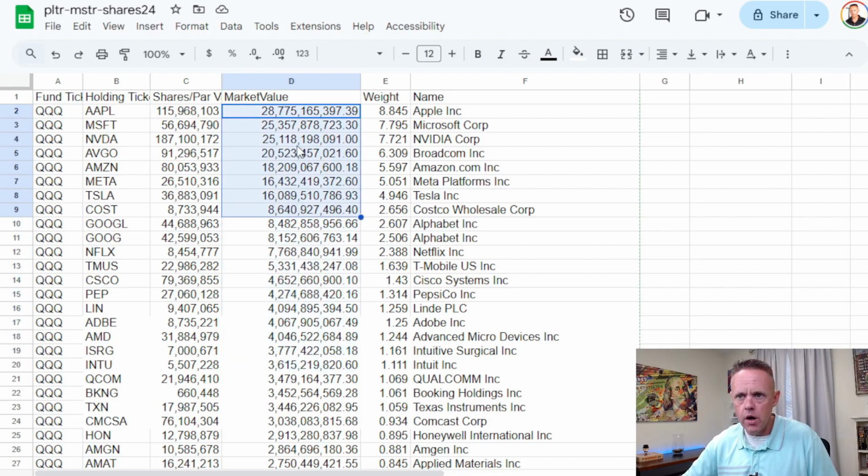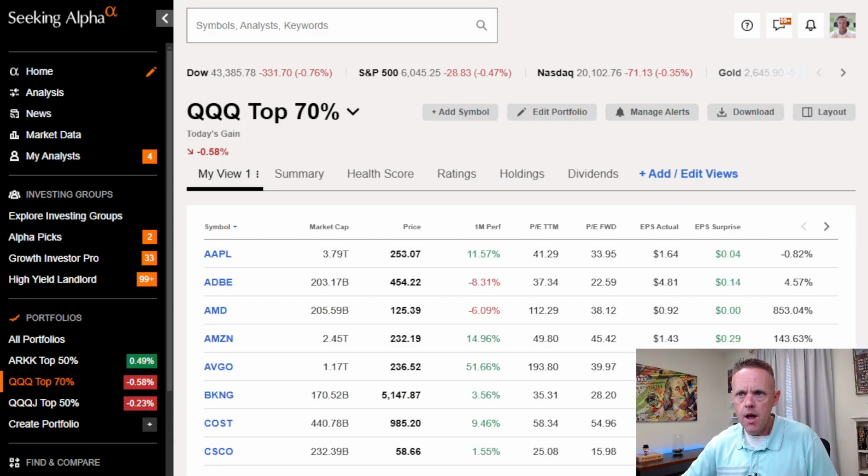I don't know if you've thought of it, but we don't really know what order these stocks are in. Why is Apple number 1? Why is Netflix down here at number 11? So for me, I made the simple speculation that it is based on market cap. And if we take the top 4, Apple, Microsoft, NVIDIA, and Broadcom, and I had this little QQQ tracker in Seeking Alpha, the top 70% of stocks that are in the index.